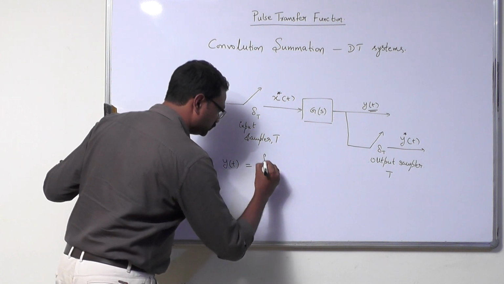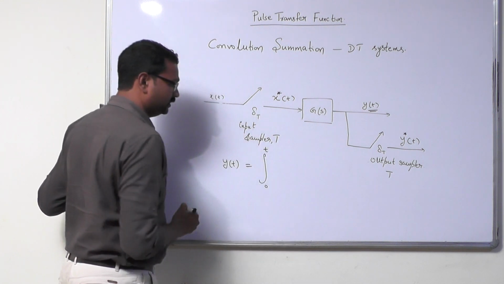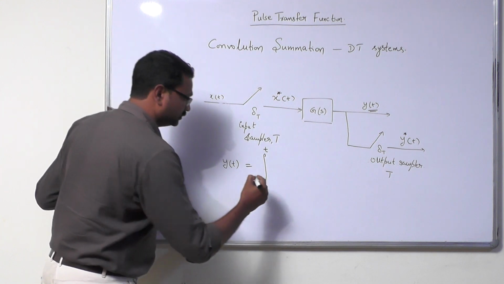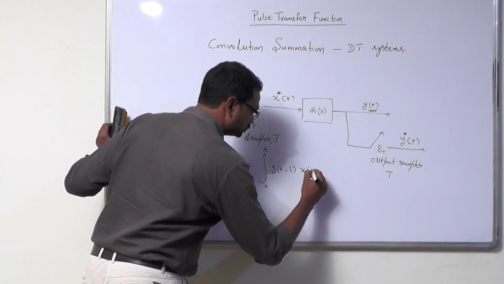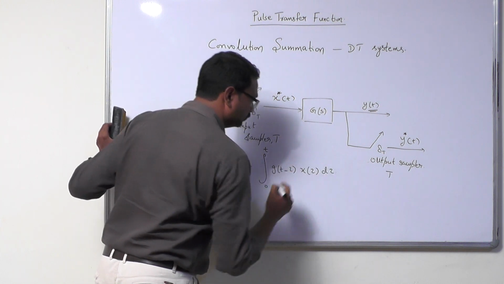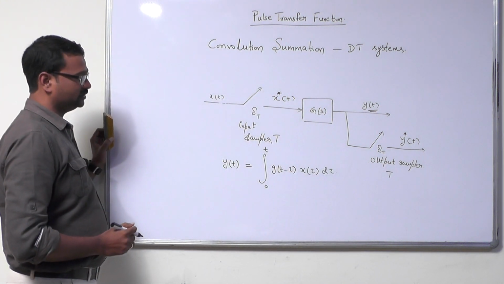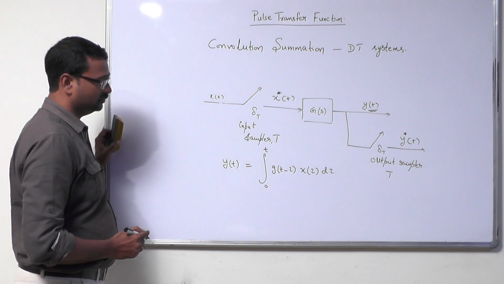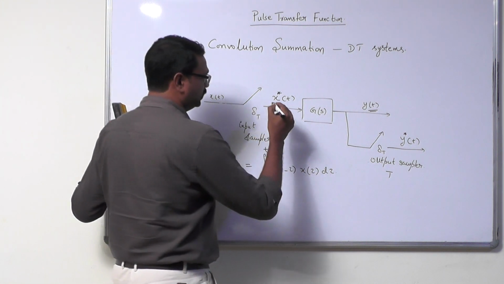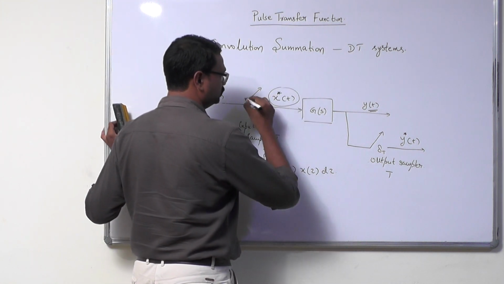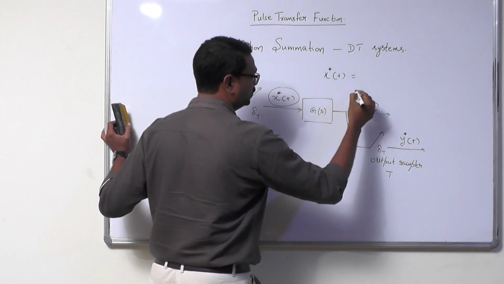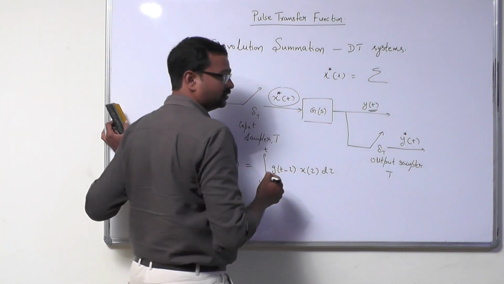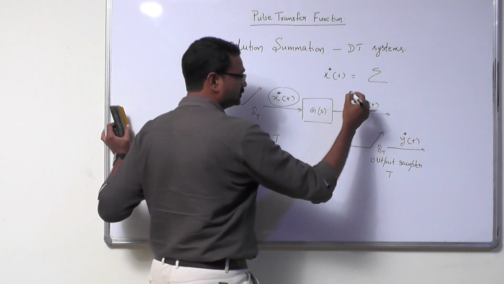So if I am using the integral 0 to t, the convolution integral term g of t minus tau x of tau d tau, and x star of t, when I am using this x star of t, what is x star of t for us? It is already discussed in our impulse sampling.